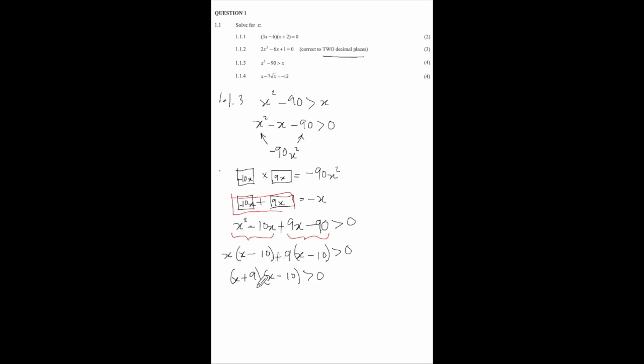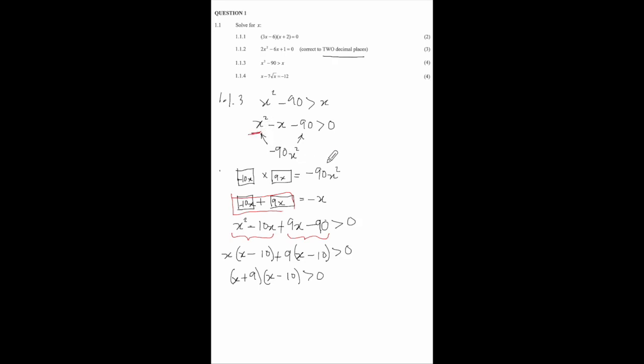Now, what I'm going to try to do is sketch the curve for this quadratic, right? Because I can see here that the coefficient of x squared is positive.